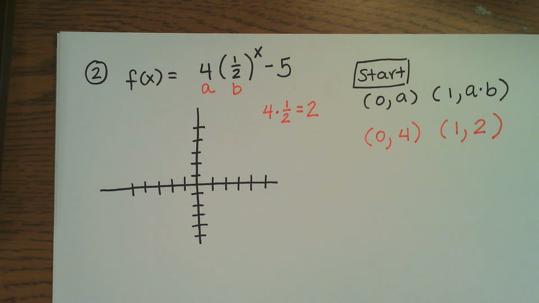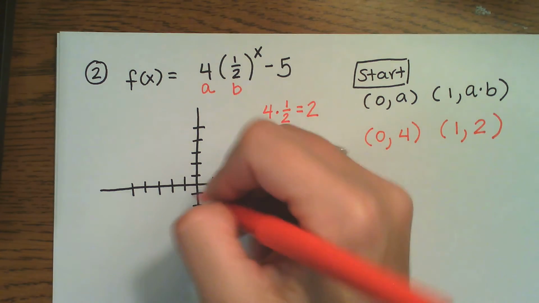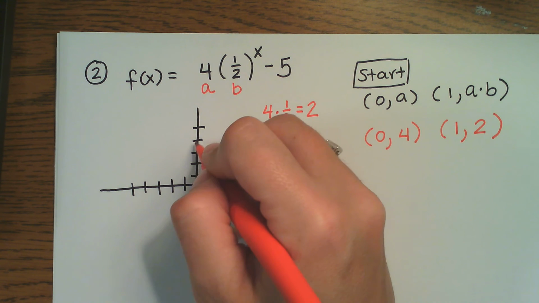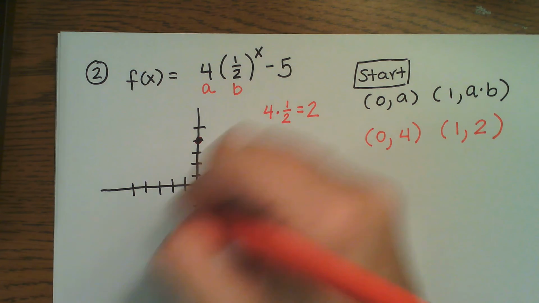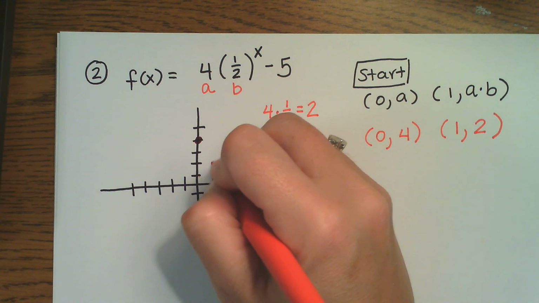Or 4 divided by 2, 4 cut in half is 2. So I'll plot those points, 0, 4 and 1, 2.